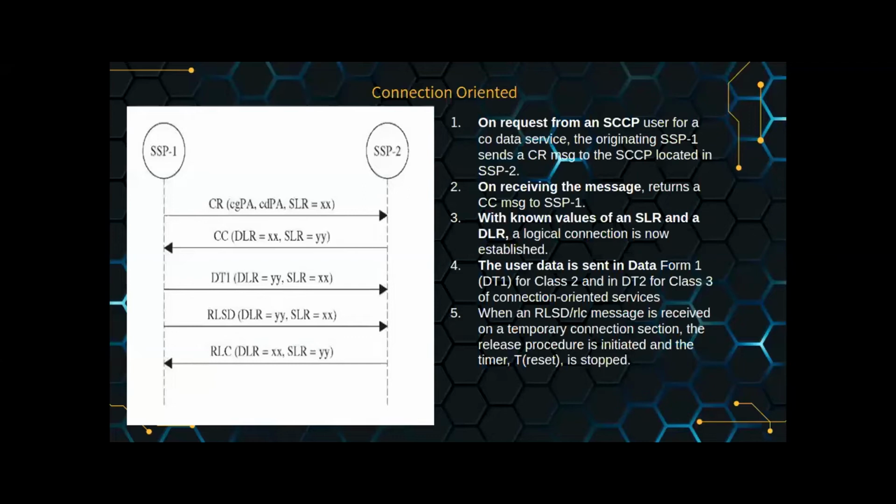It sends a connection request message to the SSP located in SSP2. On receiving the message, it returns a connection confirm message to SSP1. Then with the known values of the SLR and the DLR, a logical connection is now established. With the logical connection established, data transfer can begin, where the user data is transferred in data forms, DT1 for class 2 and DT2 for class 3 on a connection oriented.